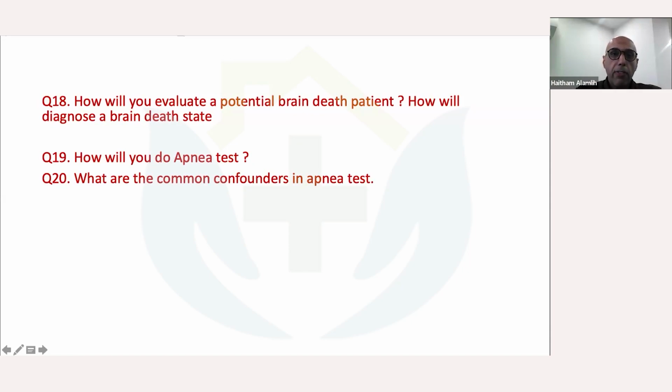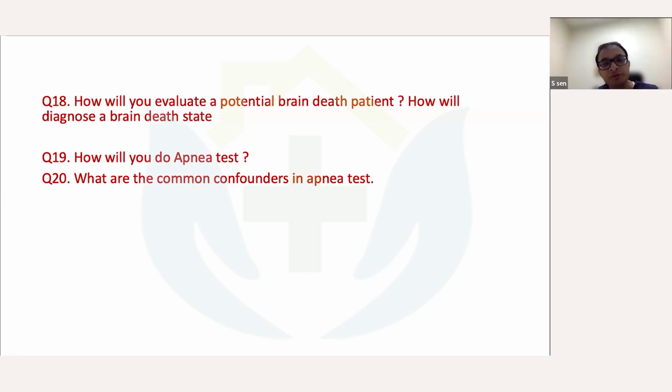Then observe if the patient has any respiratory effort for 10 minutes. Then we can take an ABG, and if there is no respiratory effort and the CO2 increased by 20, this is diagnostic for apnea test. You're sure about the values you have told? I said 10, this is 20, not 10.